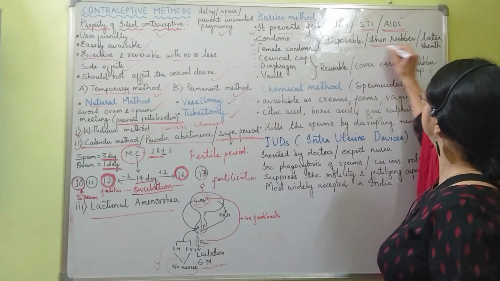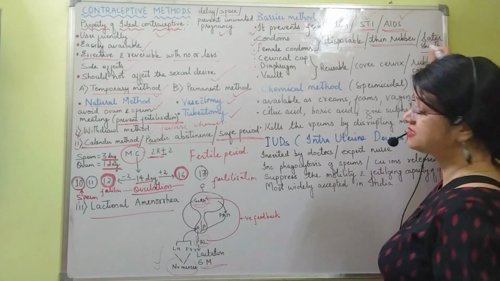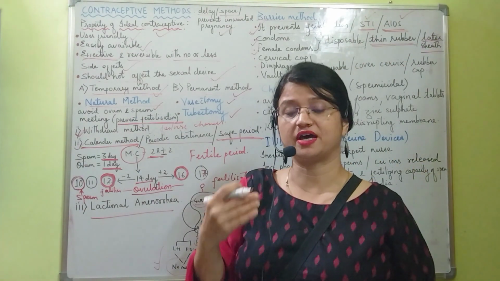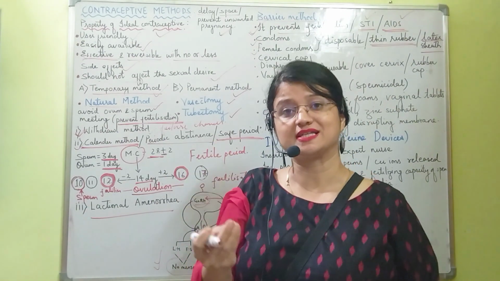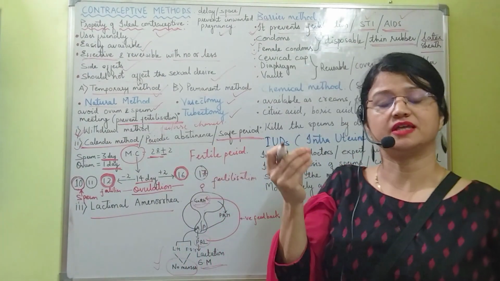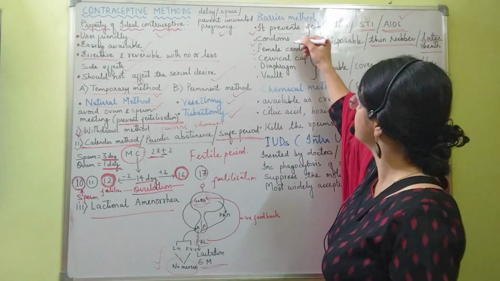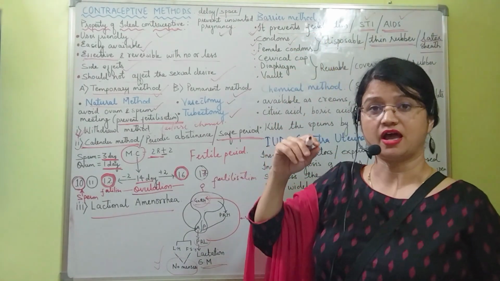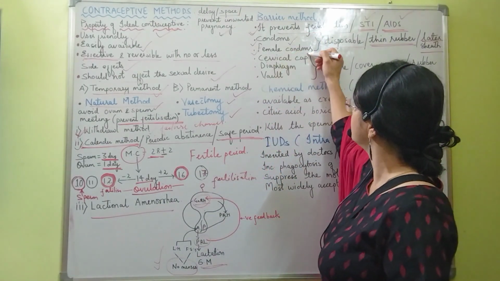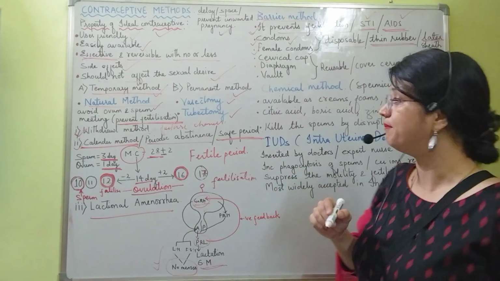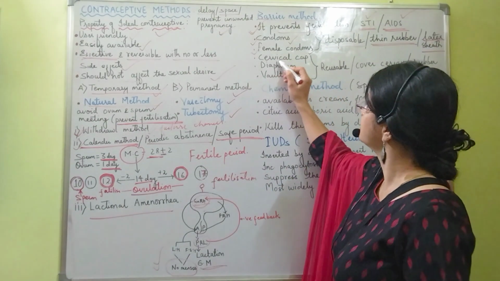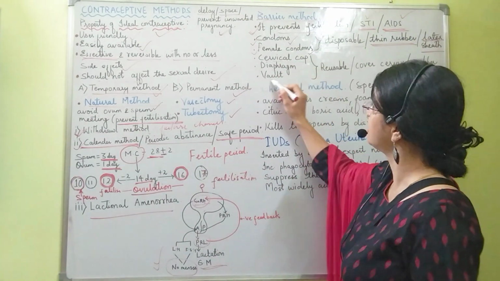These are made of thin rubber or latex sheath. Clear? So they are disposable. They are made of rubber sheath. The condoms are worn by the males, and female condoms are also available in the market. Here we can also see the cervical cap, diaphragm, and vault.